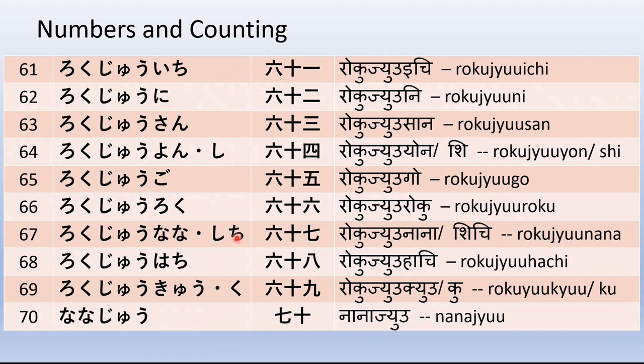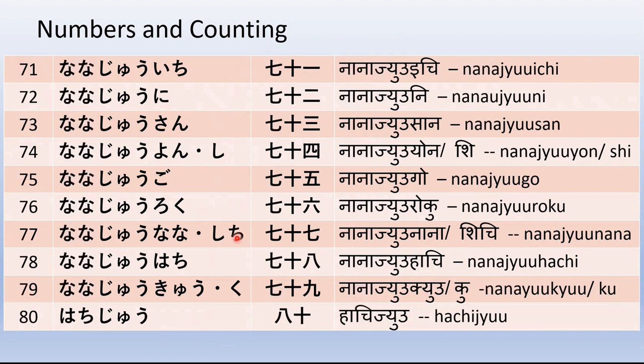Okay, so the next decade is of the 70s. Nana Ju Ichi, Nana Ju Ni, Nana Ju San, Nana Ju Yon, Nana Ju Go, Nana Ju Roku, Nana Ju Nana, Nana Ju Hachi, Nana Ju Q, and Hachiju.